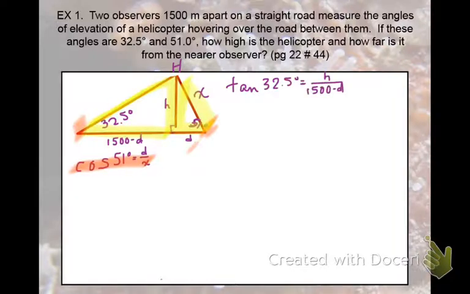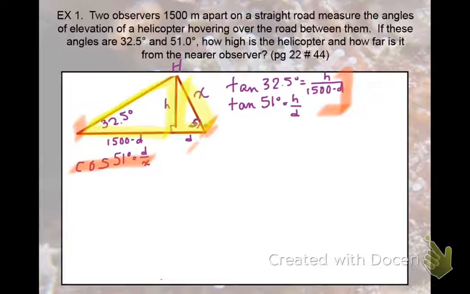The tangent of 32.5 degrees, the triangle on the left, is equal to opposite h over adjacent, 1,500 minus d. Well, we can write a similar expression for the triangle on the right. Tangent 51 degrees is equal to its opposite, which is also h, over its adjacent, which is d.